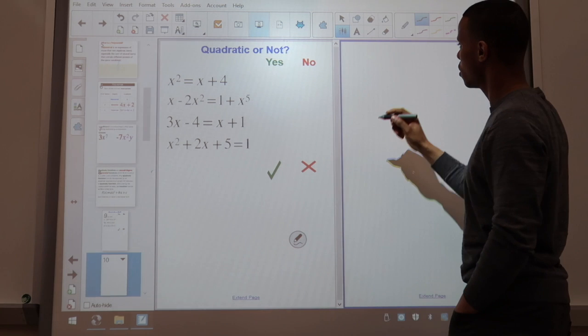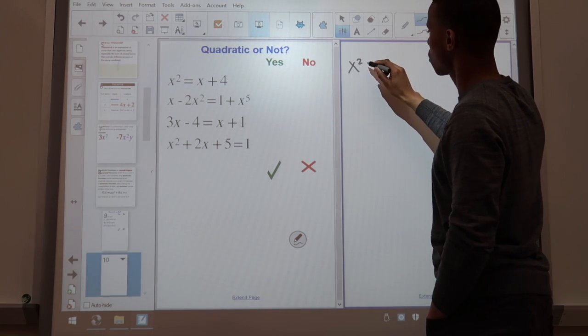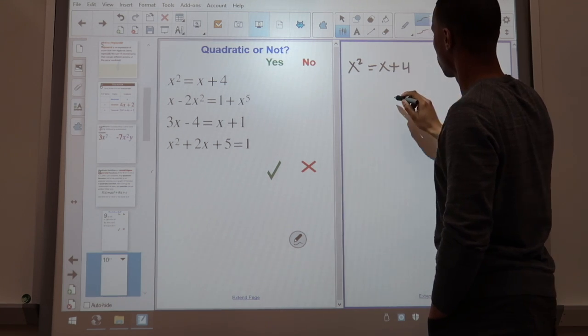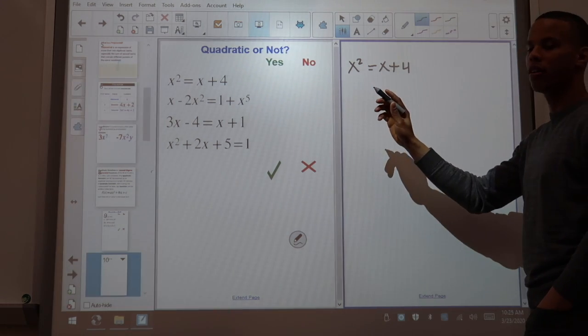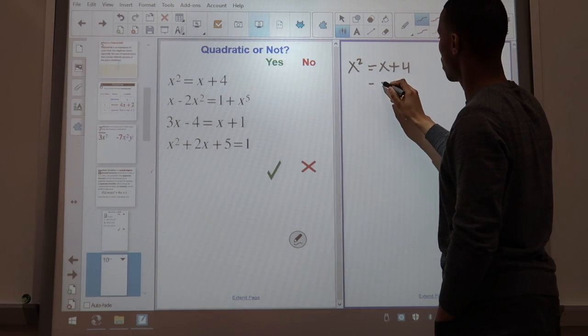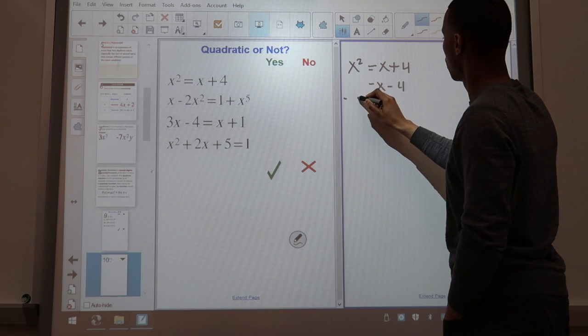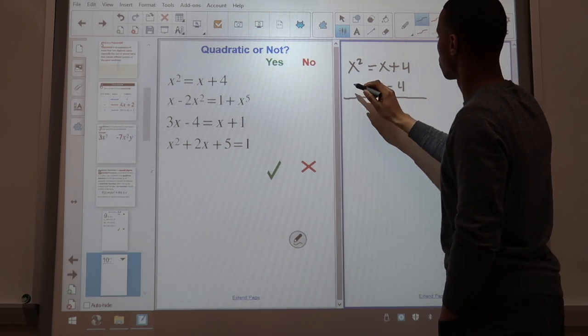If I was to solve this one, I have x squared equals x plus 4. If I put all my variables on the same side, I want to subtract x and subtract 4, and I want to do that on both sides.